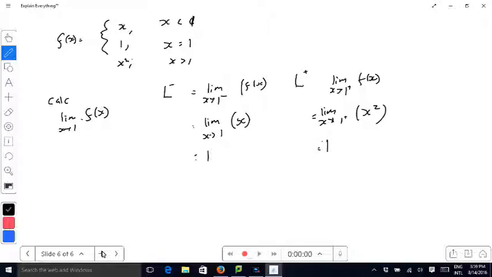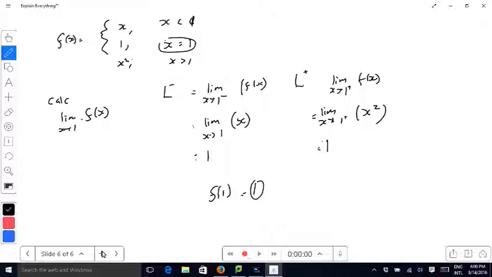I just need to check that final step. What happens at f of 1? When x is equal to 1, I get the value 1.